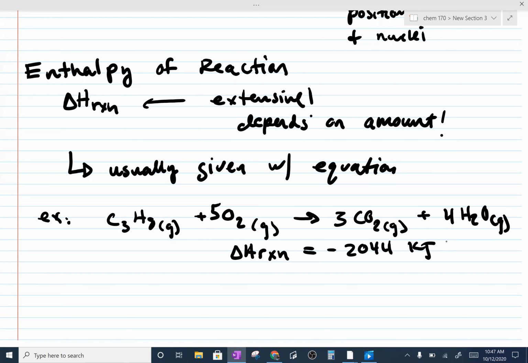Okay, so this is based entirely on the stoichiometric amounts in this balanced equation. I'm only giving this value in kilojoules, but it's based entirely on the stoichiometry of the reaction itself. If you just give this number, then it's incomplete. You don't know what the reaction is that this delta H reaction is dealing with. So you have to be given both pieces of the puzzle to be able to use delta H reaction.